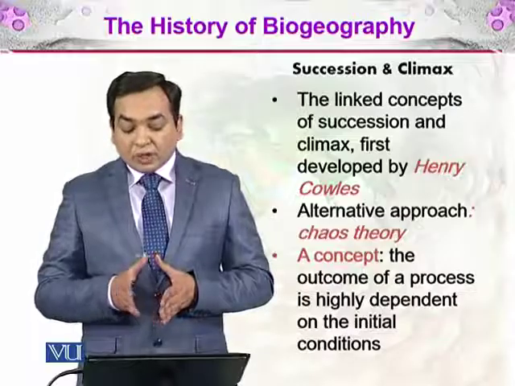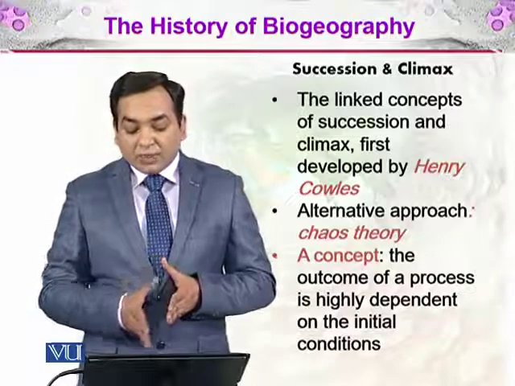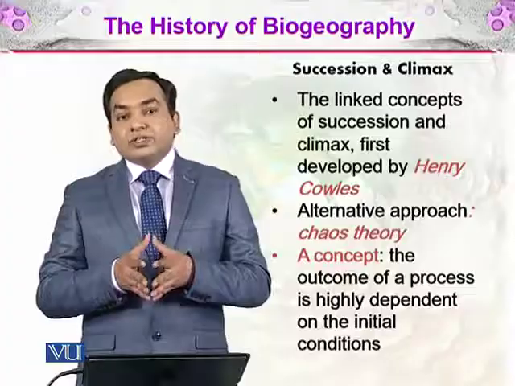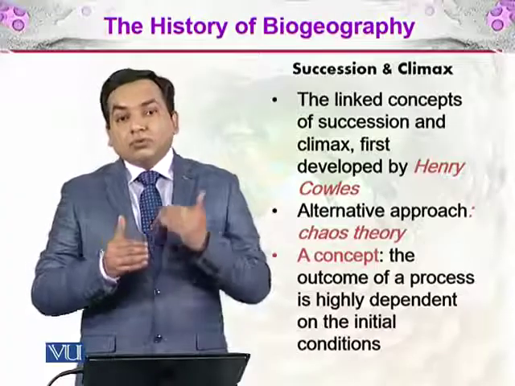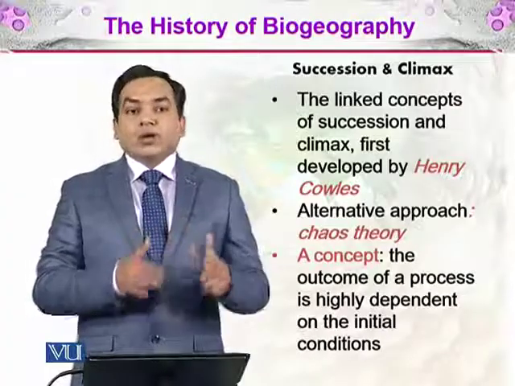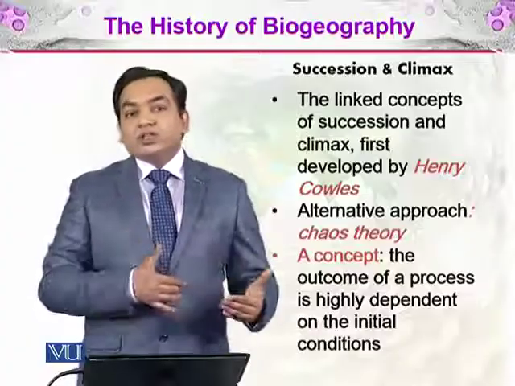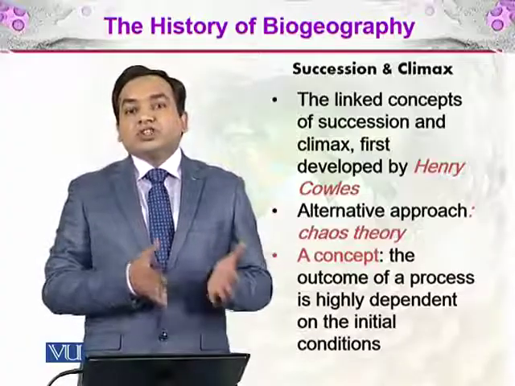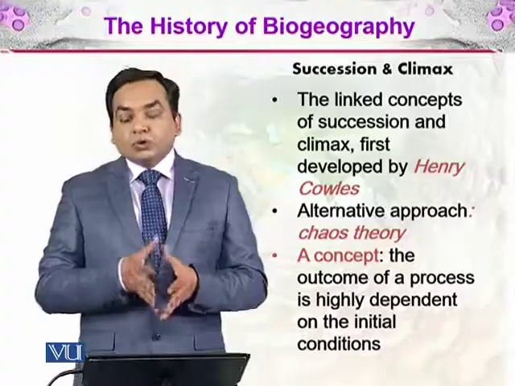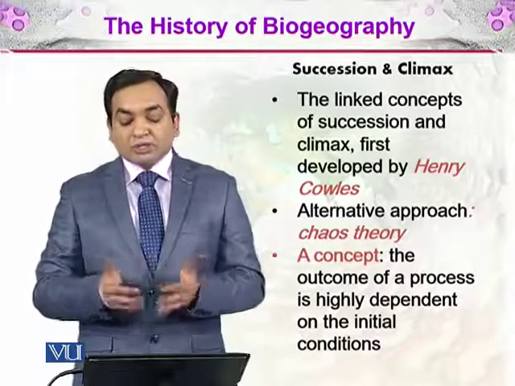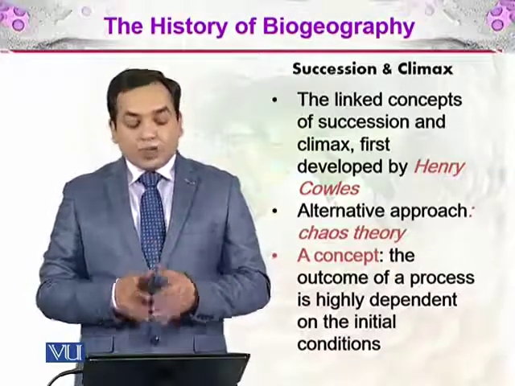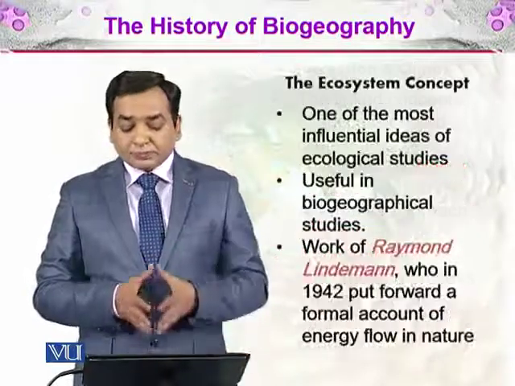It is a concept that the outcome of a process is highly dependent on the initial conditions as well. So whatever we have today, one initial event may have changed it. These were the different concepts for the development of an ecosystem.